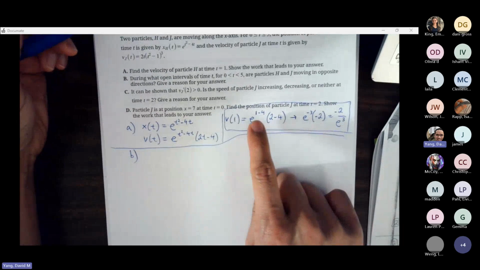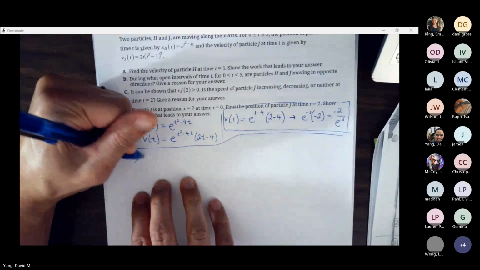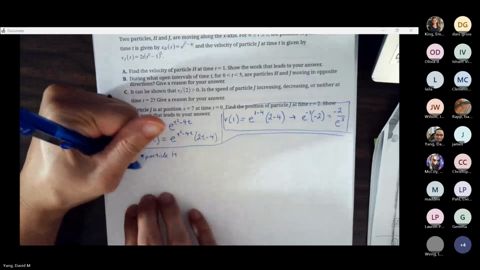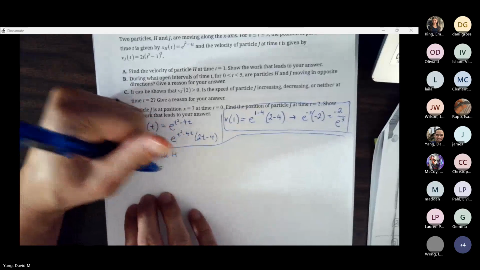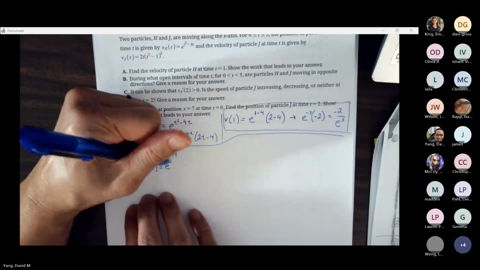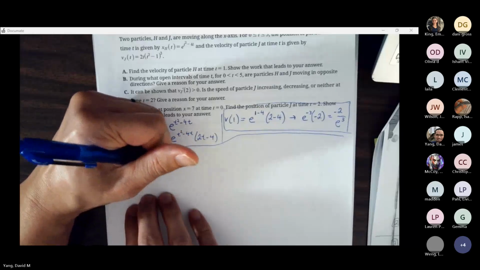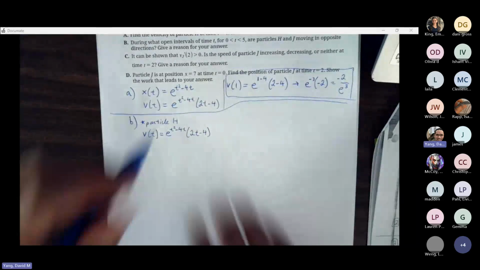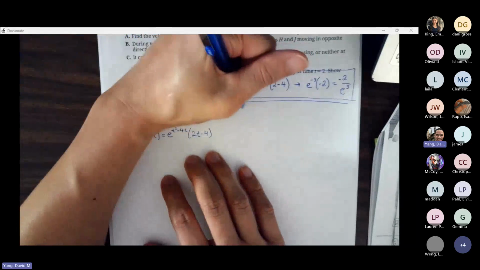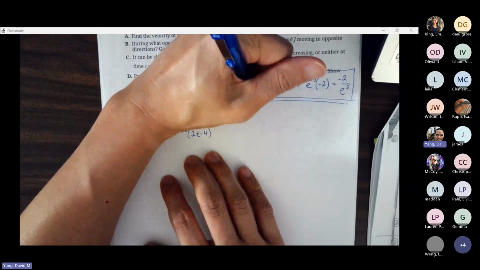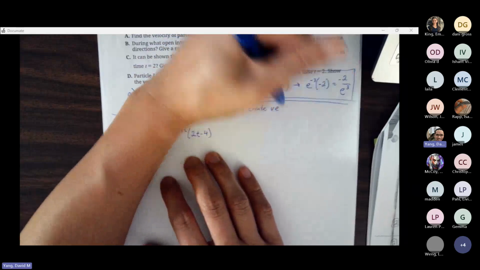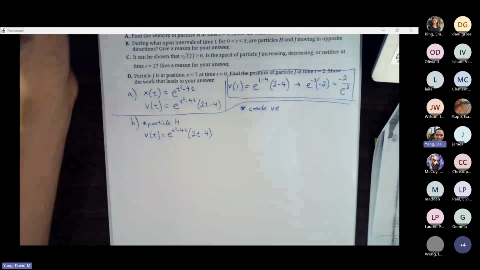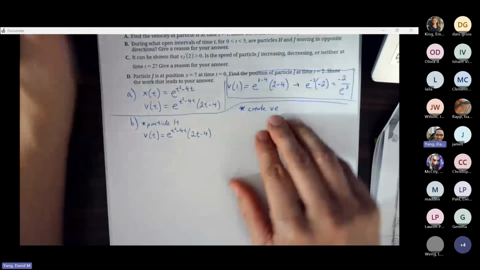Okay, so let me work on particle H first. If I want to find a velocity sign line, my initial goal is to create velocity sign lines for both so I can line them up and actually see when they're moving left and when they're moving right.